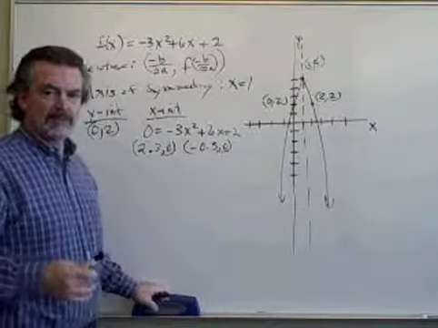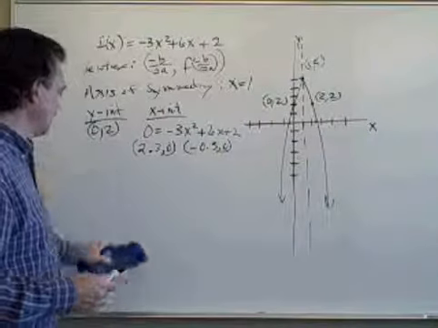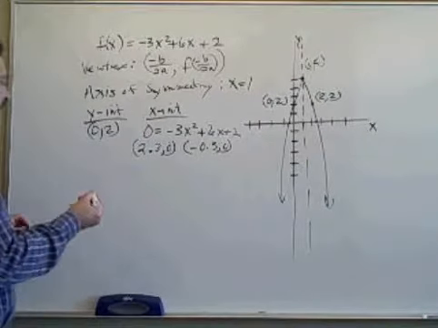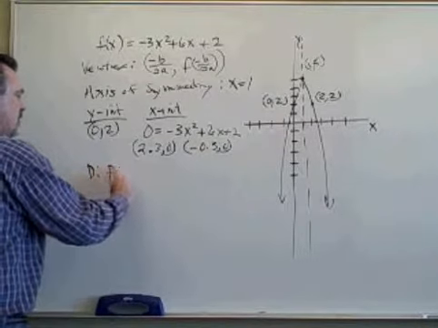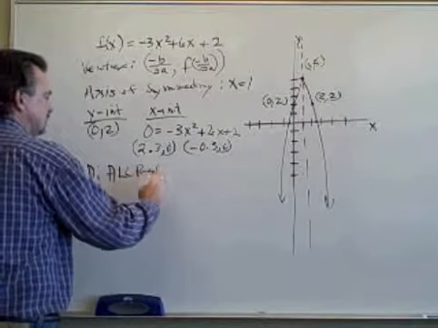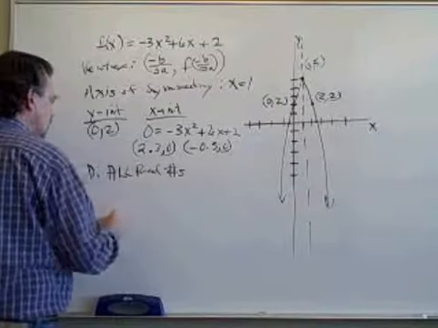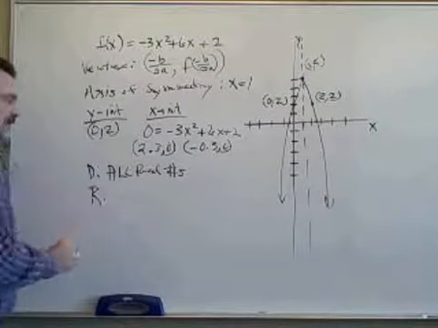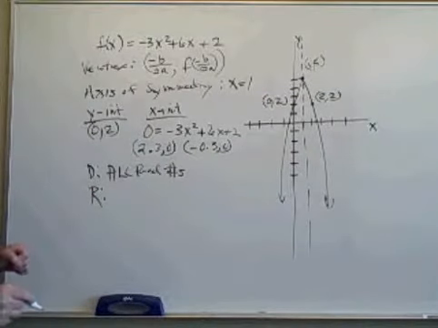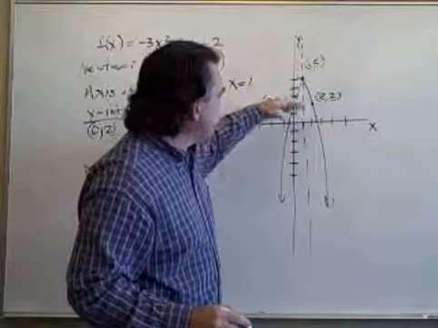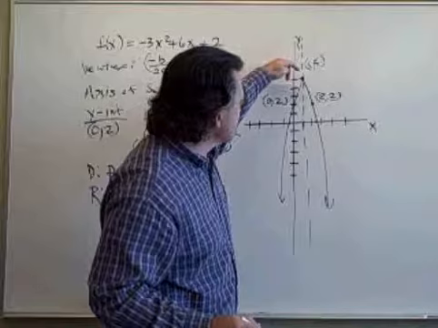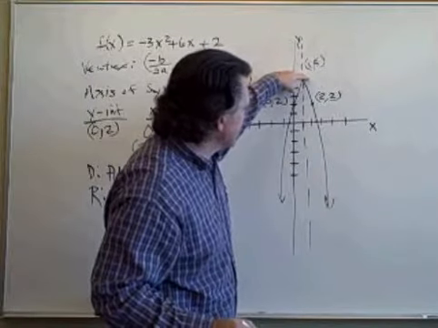Well, let's talk about the domain and range then of this function. Again, the domain is all real numbers. There's no restriction on the domain of this quadratic function. The range, well, the graph, the y value gets all the way up here to 5, doesn't it?